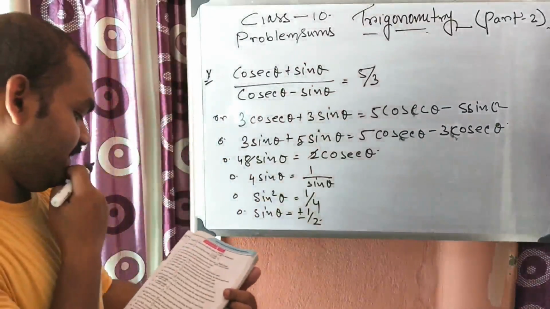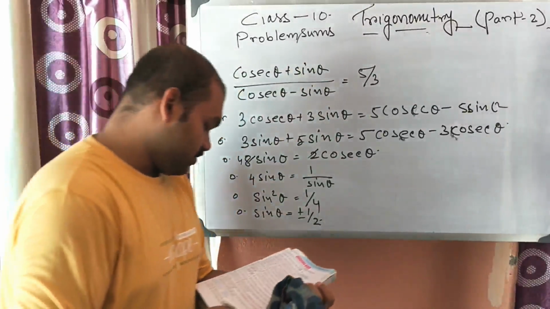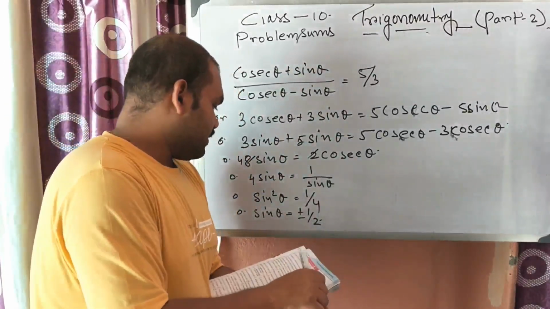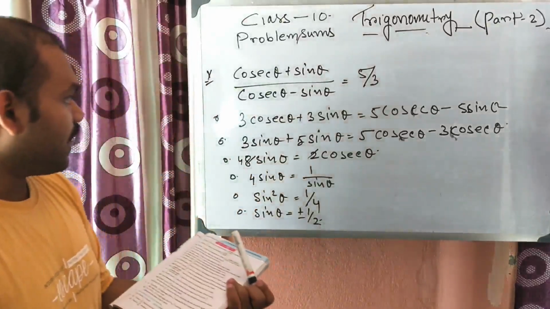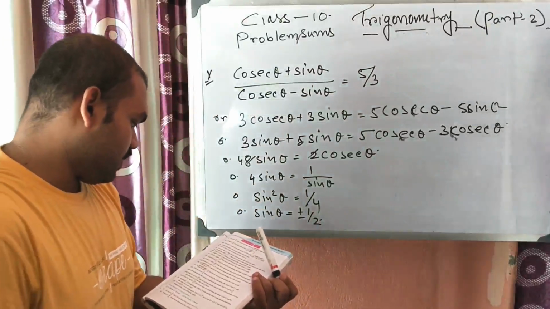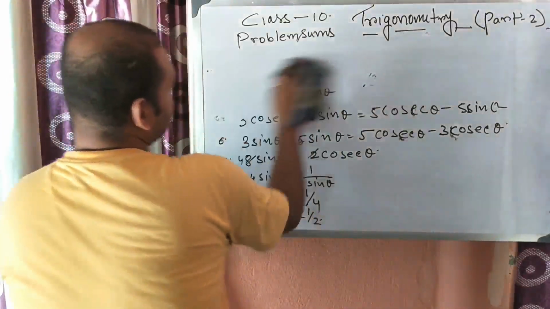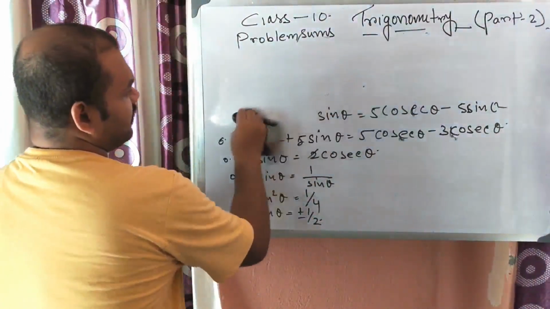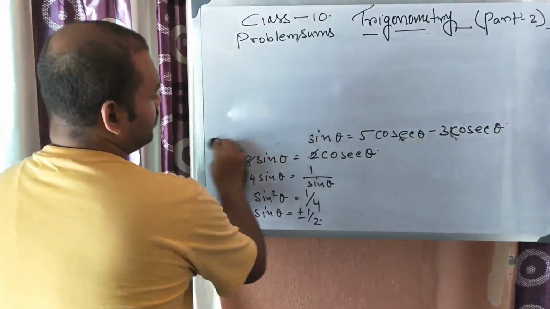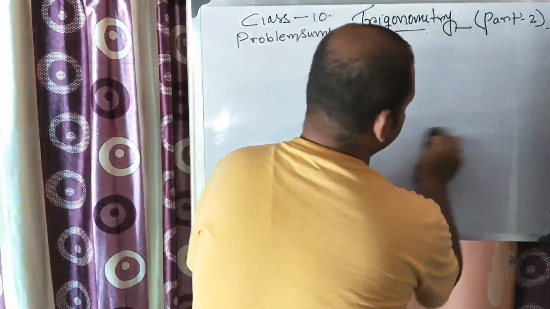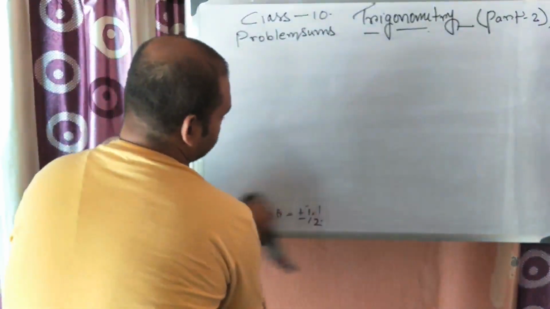So the value of sin theta can be plus half or minus half, because here the angle is not between 0 to 90, so minus half could be the value. It is not given in your book, so you need to write down these two values. But if it is given that the value of theta is between 0 to 90, then only write down the positive value. On the next class we will learn why.